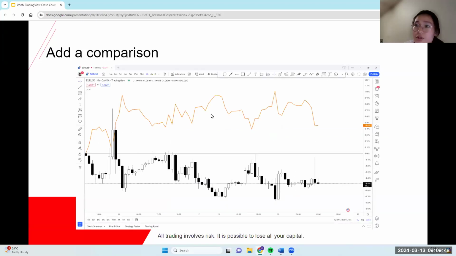Here we have Euro, as well as Euro dollar, as well as DXY on the same chart. It allows you to see whether they are correlated positively or negatively. If your analysis on Euro USD is bullish, and in the past you can see that the DXY is pretty similar as well, you might be able to use the same analysis for your DXY as your Euro dollar.